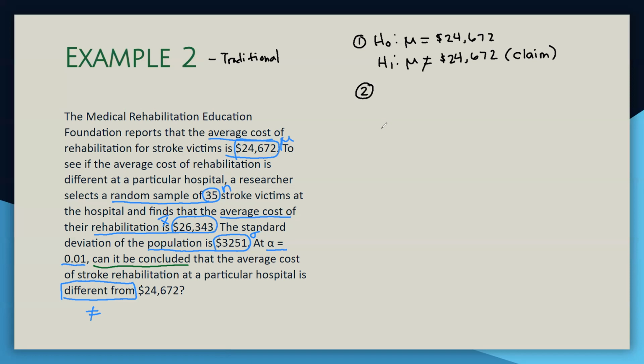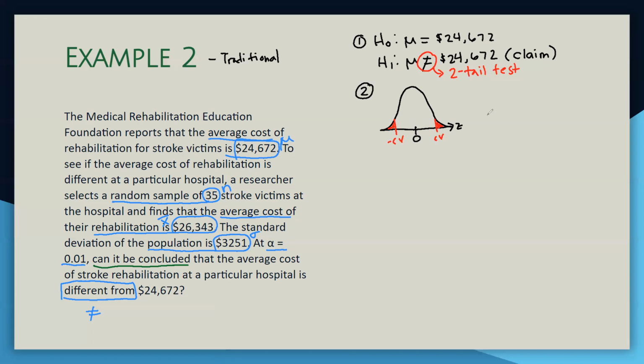Second step, that's our critical value. So we draw our z-curve. In this case, we're looking at this symbol here, and that tells me that it's a two-tail test, not equal to means less than or greater than. So I'm going to have a CV down here that's negative and a matching CV up here that's positive.